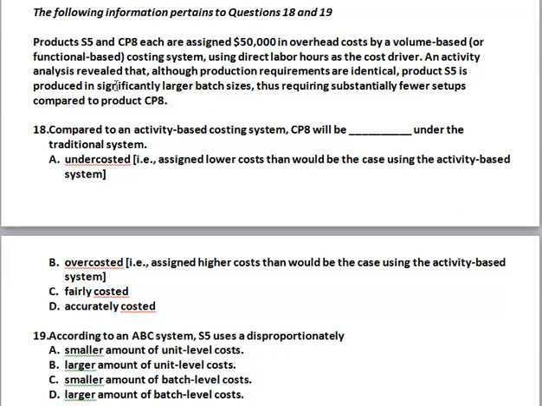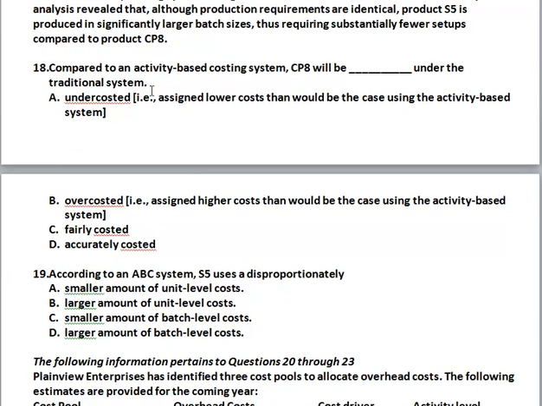So by telling you that they produce larger batch sizes, meaning fewer setups, so fewer setup cost, that means that S5 really uses less cost, and so it should be given less cost. CP8, on the other hand, consumes more of the cost and should be given more of the overhead.